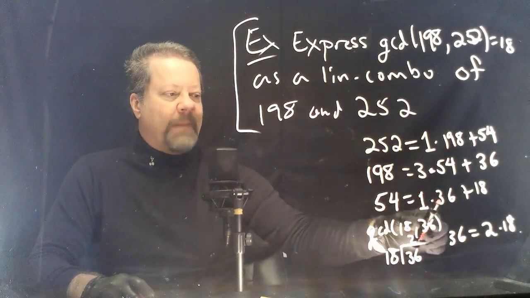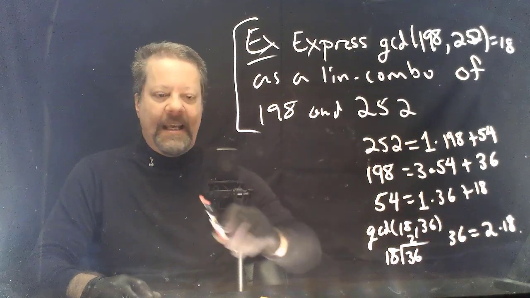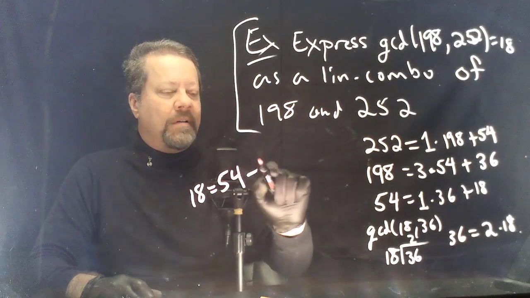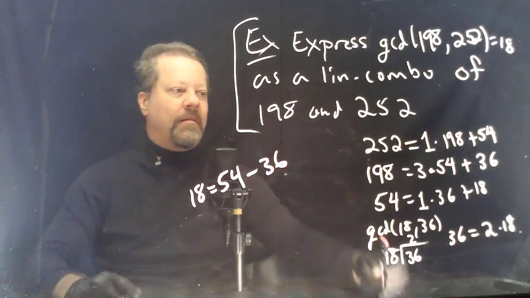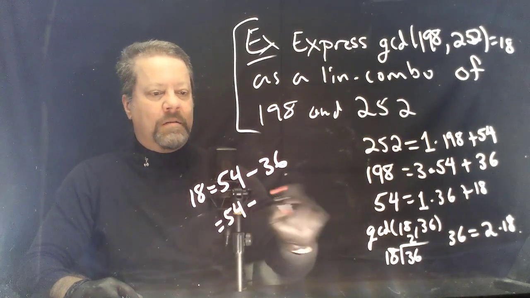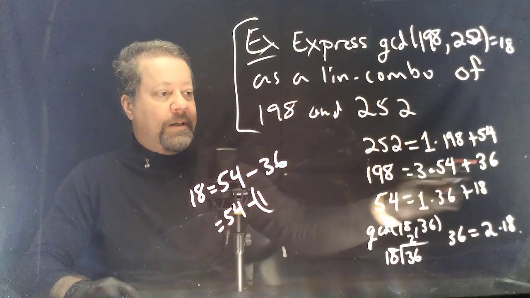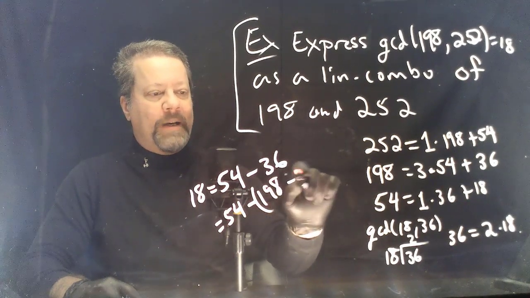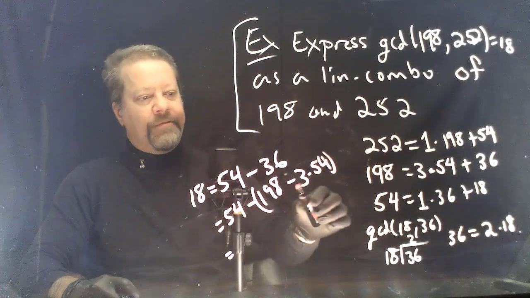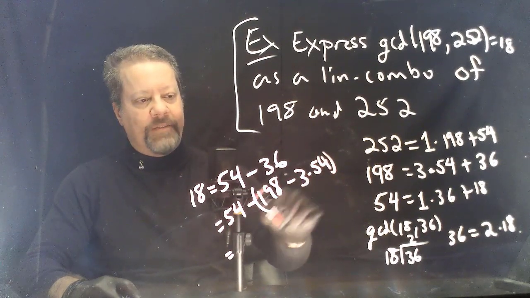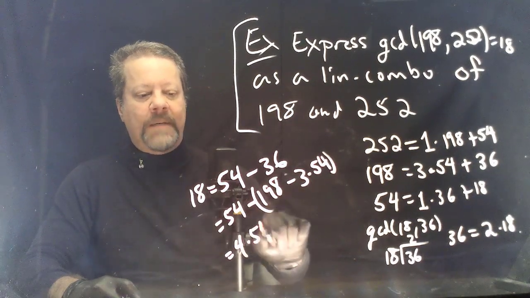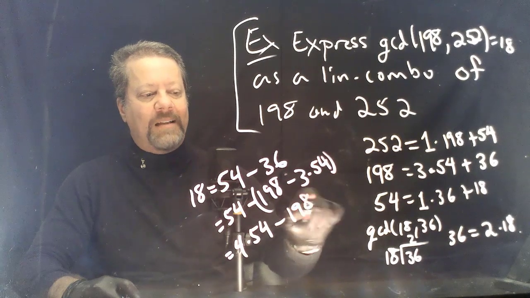So we'll now work this backwards. 18 is going to be 54 minus 36. But wait a minute, 36 is 198 minus 3 times 54. And if we do the combination there, we'll have negative 3 plus 1, which is 4 times 54 minus 198.